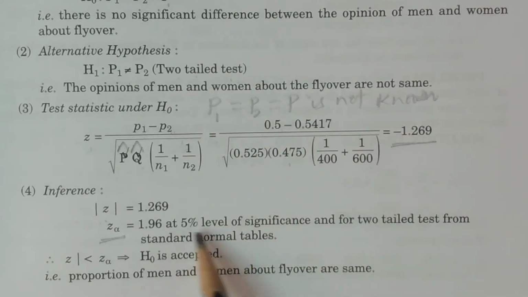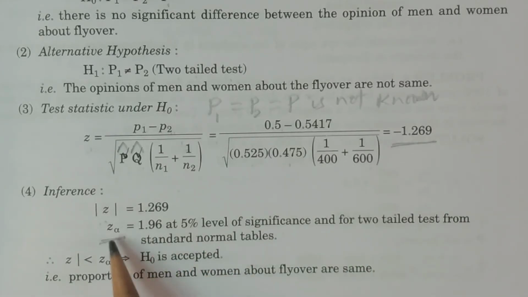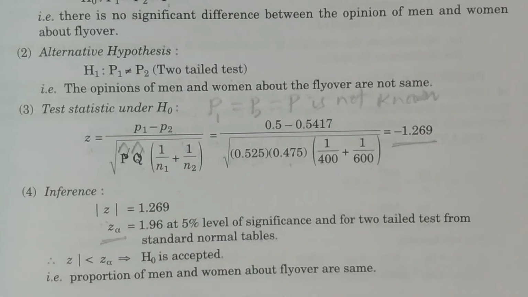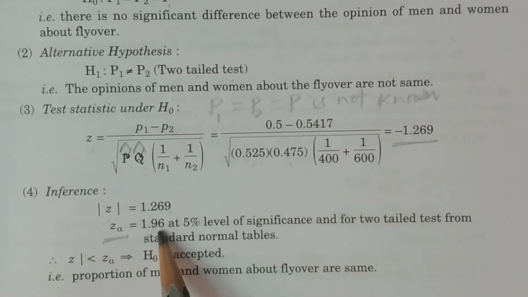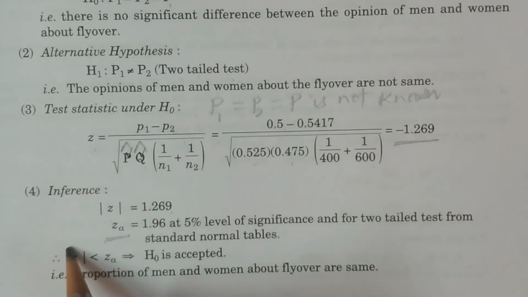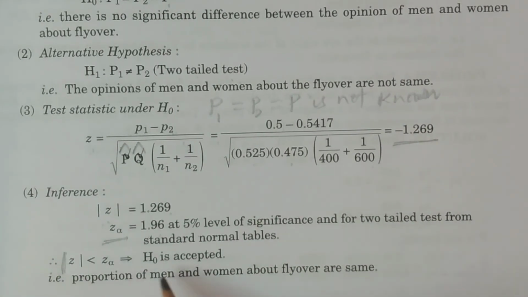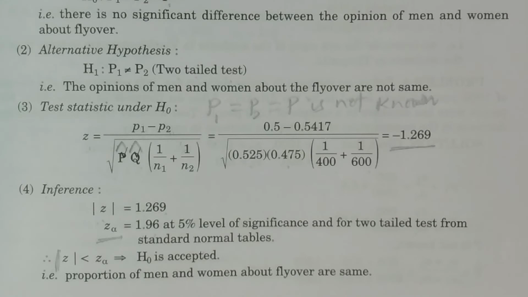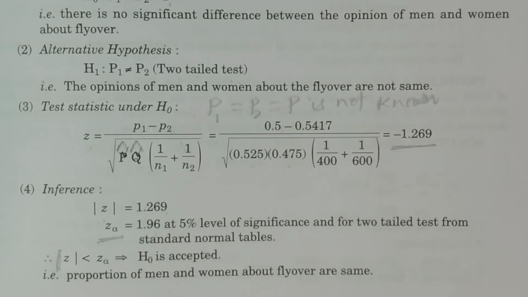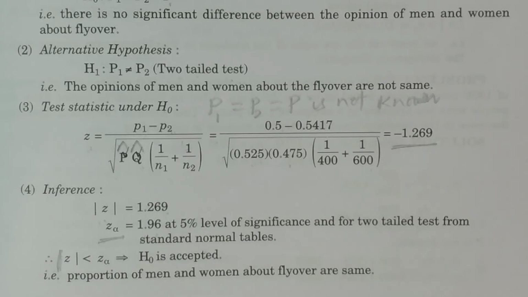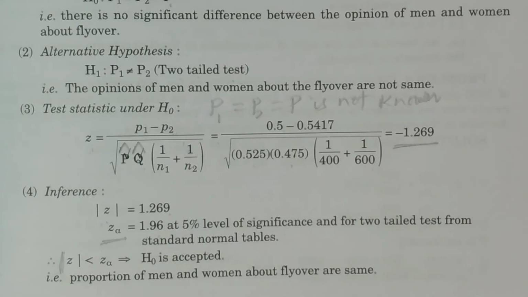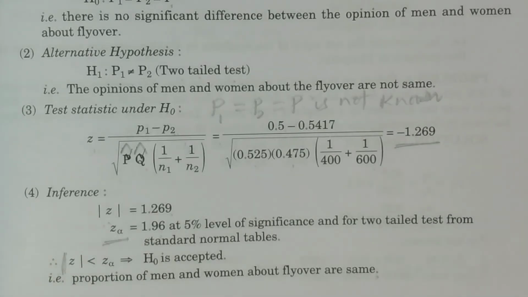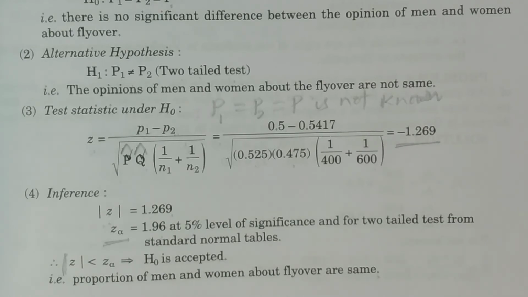Therefore, for 5% level of significance and a two-tailed test, the standard normal table value is 1.96. 1.269 is less than 1.96. Therefore, modulus of Z is less than Z alpha, which implies H naught is accepted. That is, the proportions of men and women in favor of the proposal are same. H naught is accepted. The opinions of men and women in favor of the proposal are same.